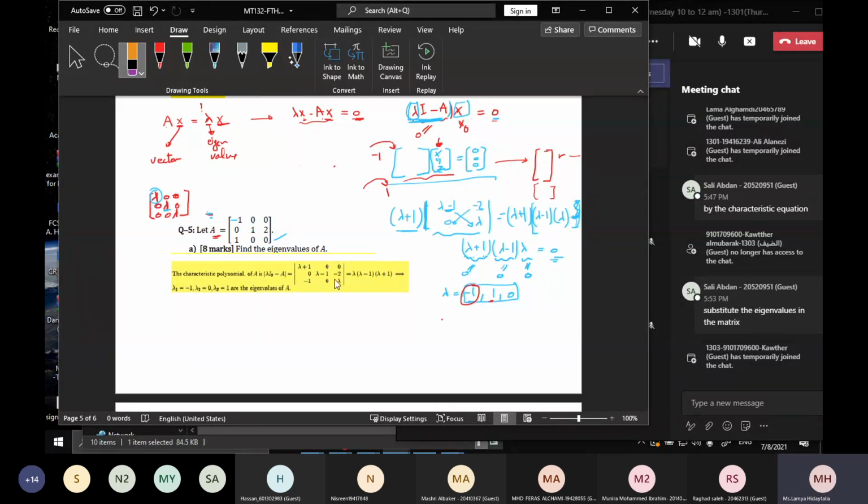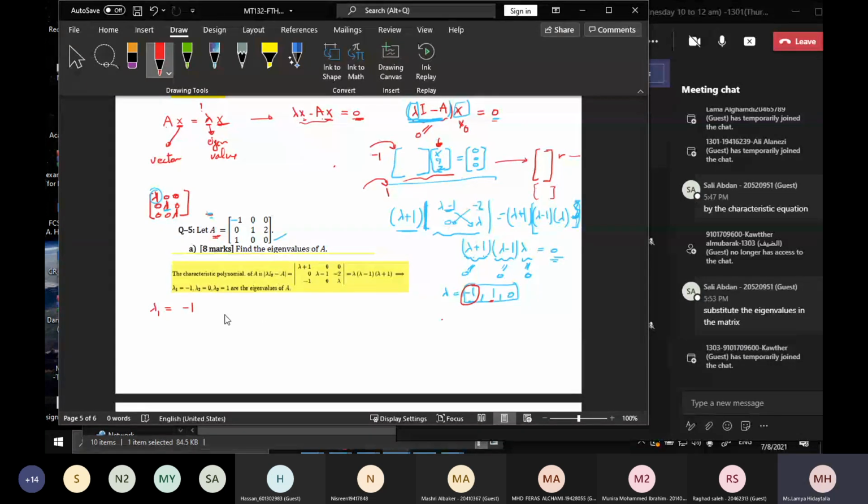So this was the determinant, and the constants come from here. I need this part but in a matrix, not in a determinant. Correct? So I just come and substitute here. Okay, the first time to get the corresponding eigenvector I am going to substitute lambda 1, for example, equal to minus 1.